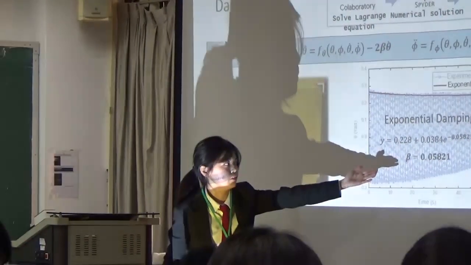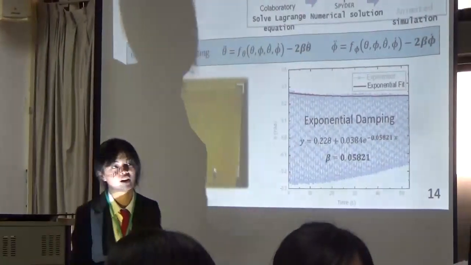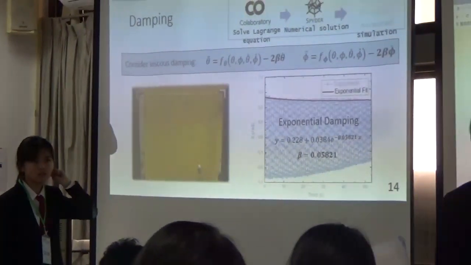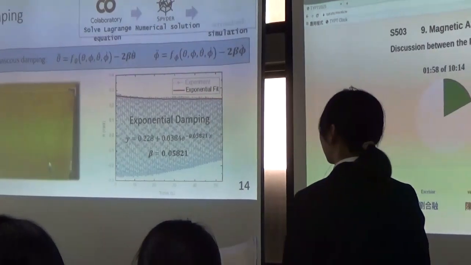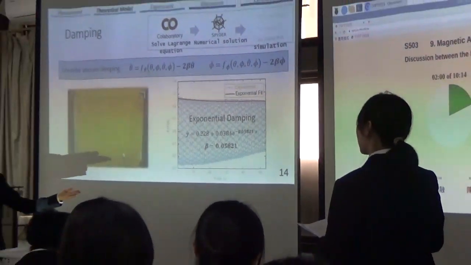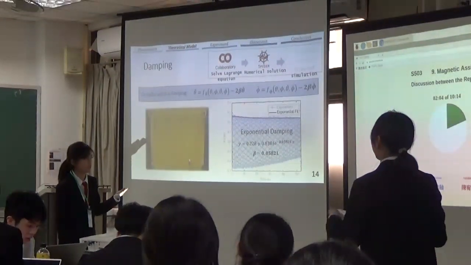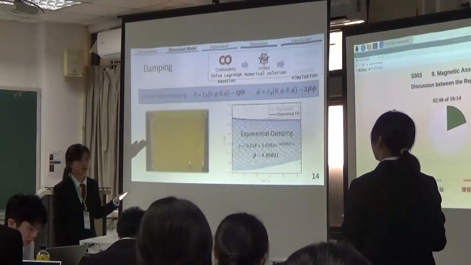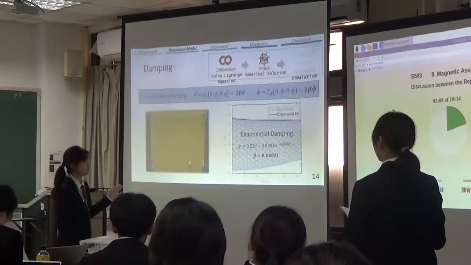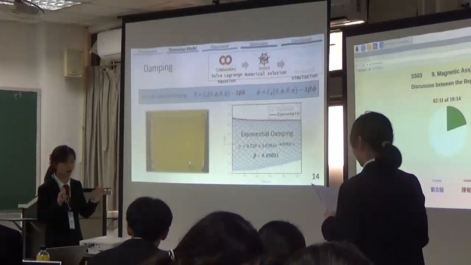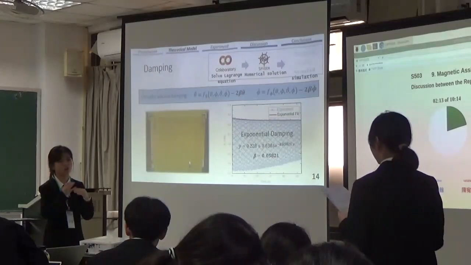So it will be 0.05. Have you calculated the damping coefficient? Yes. The damping coefficient is like this. But how can you calculate it? If you use data to calculate it, it's not correct. It is always a constant number throughout the whole time of the experiment.